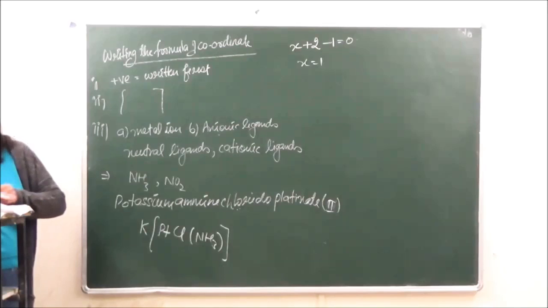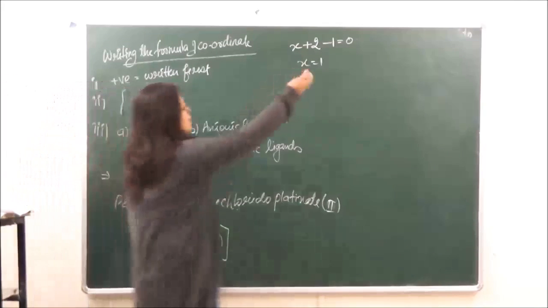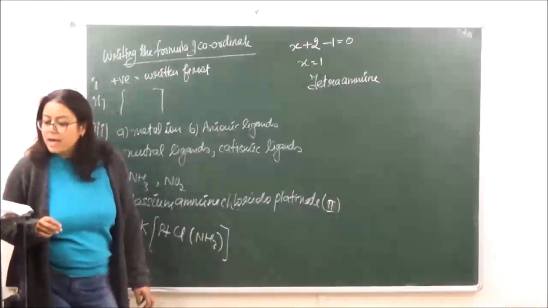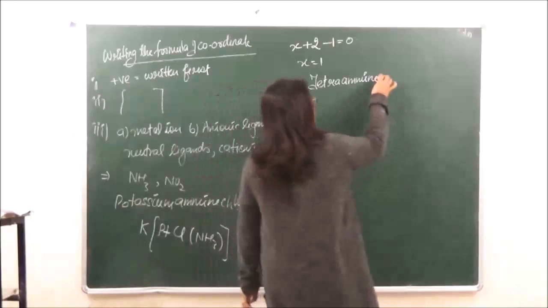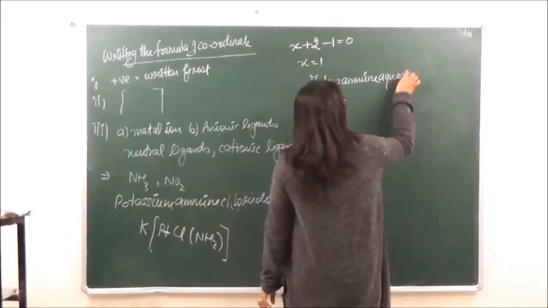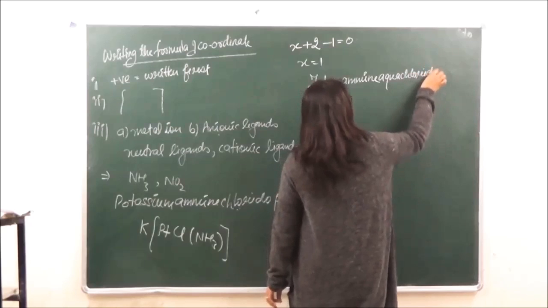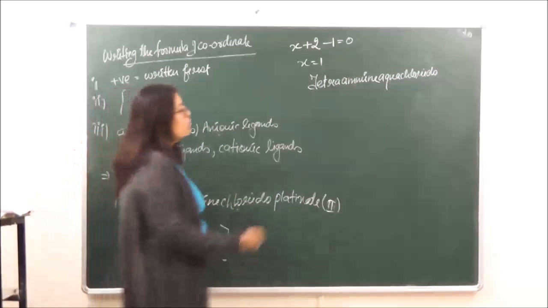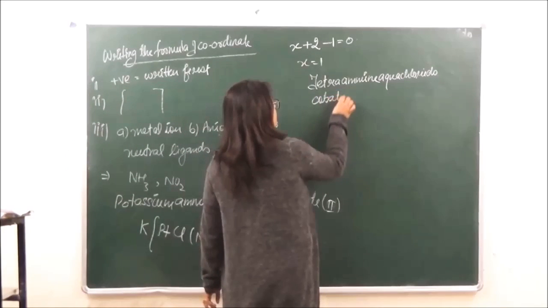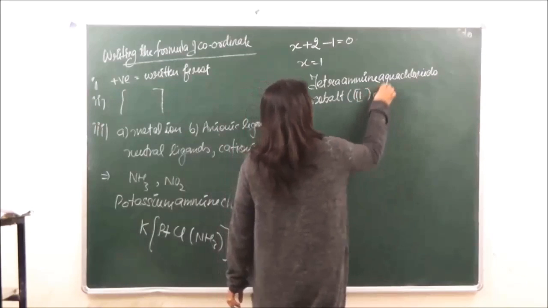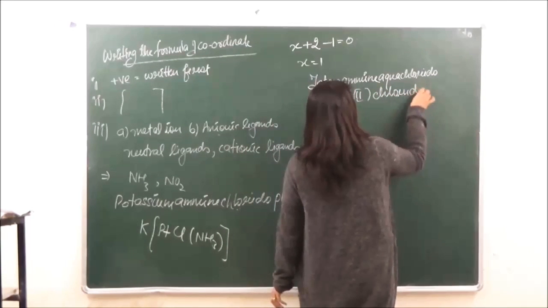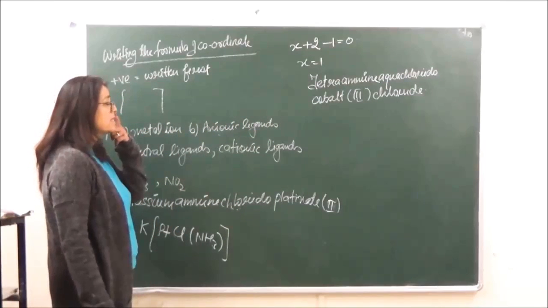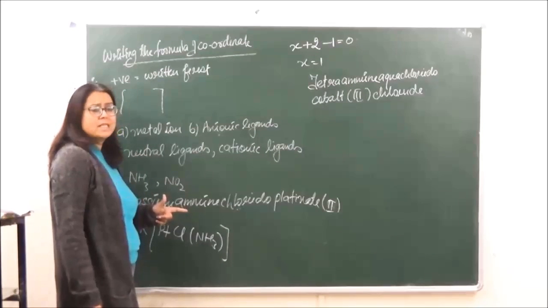Let's take another example. We have tetraamine aqua chlorido cobalt 3 chloride. ठीक है? So अब in this your coordinate entity is cationic.